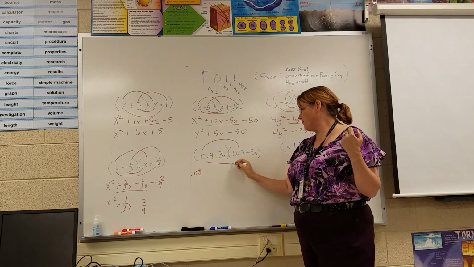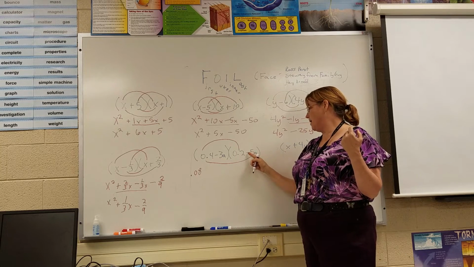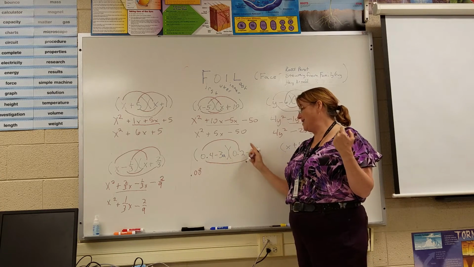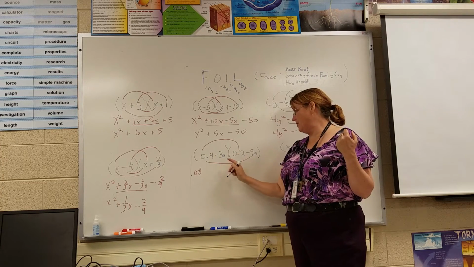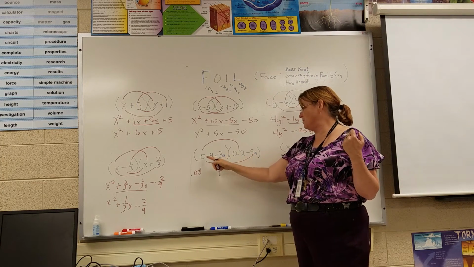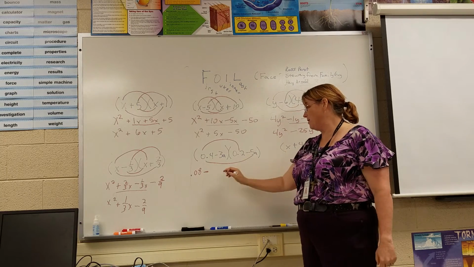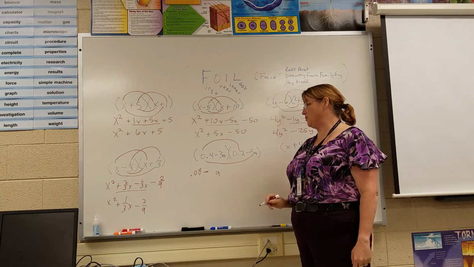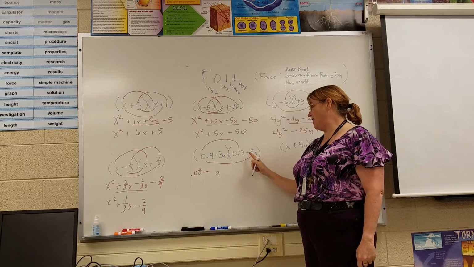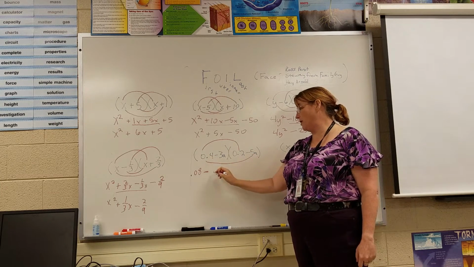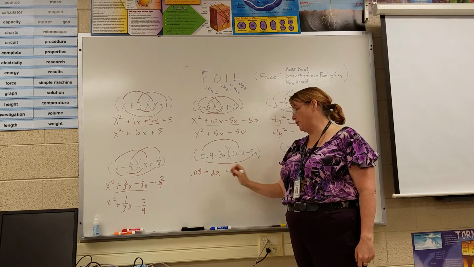Outer, minus 5a times 0.4. A times nothing, so we're going to have an a in there. We have a minus times a positive, so we're going to be in a negative situation. And we know we have an a, now we just have to deal with the numbers. 5 times 4 is 20, but we have 1 decimal point, so we're going to have basically 2.